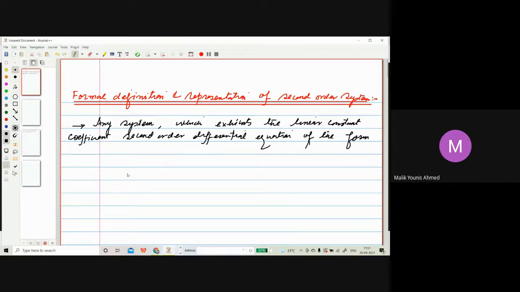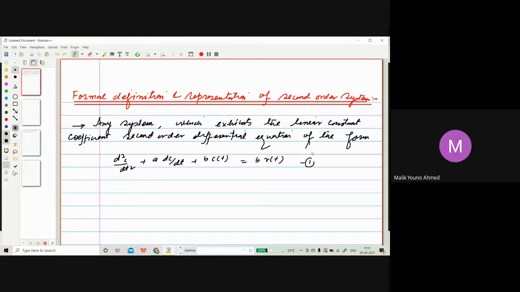What is that form? d squared c by dt squared plus a dc by dt plus b c of t equals b r of t. That is equation one.